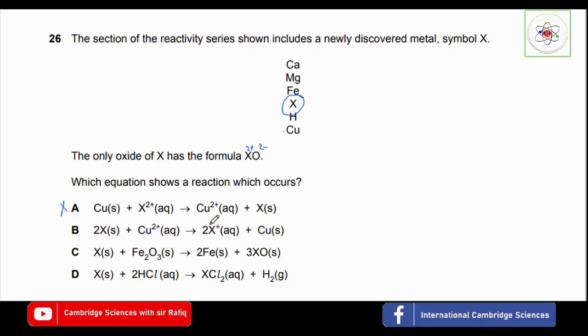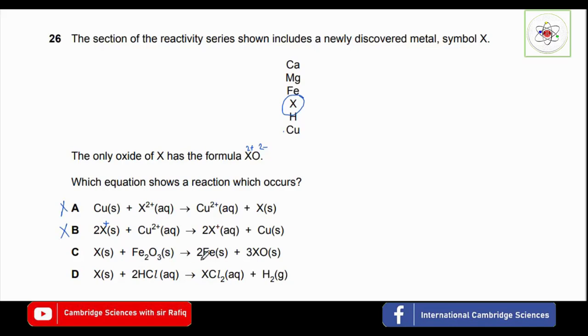But if you look at the charge here, the charge is +1, which is wrong because the charge on X is 2 plus, and here in the equation it is showing 1 plus because there are 2 atoms of X replacing 1 copper, so it can never happen, right? So here X is reducing iron from iron oxide.